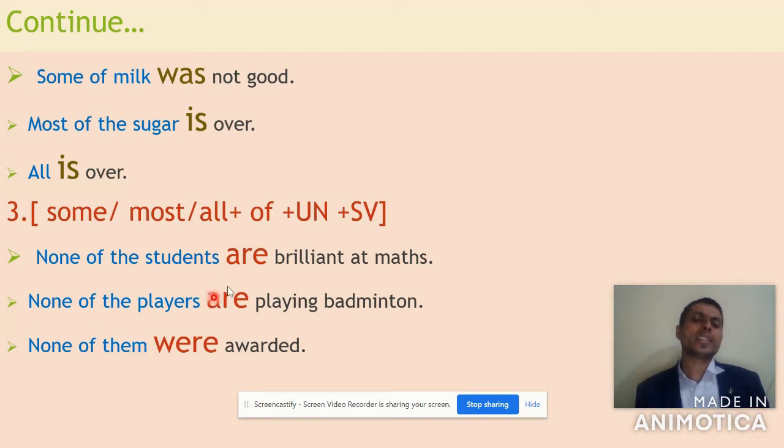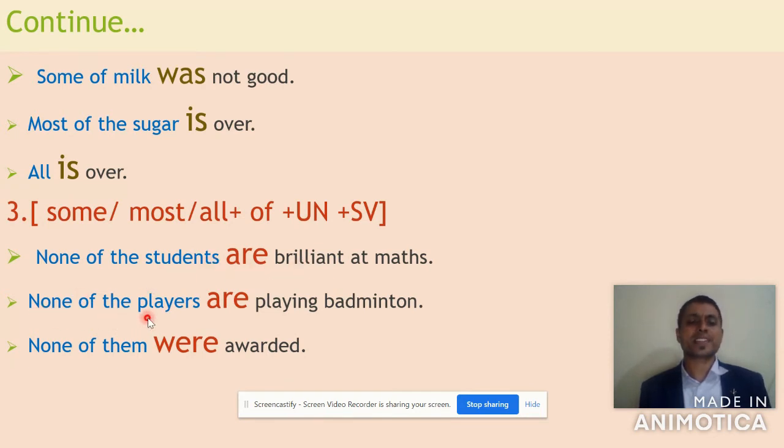With that, what do we use? The subject agrees with plural verb. So here, none of the students are brilliant in maths, so all the students at the same time are not brilliant in maths.